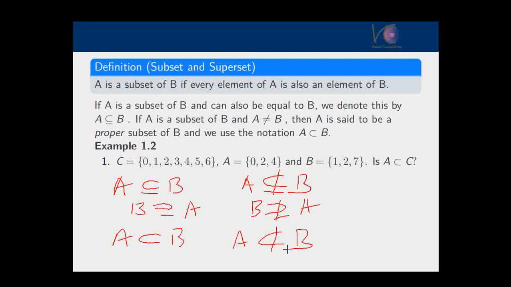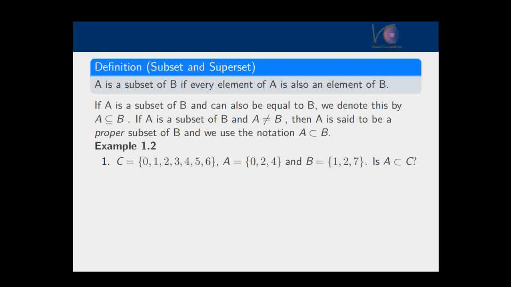So I hope you are following with the pencil and pen. We can look at the examples. Let's look at the example that we have there. You have C is equal to that set, A is equal to that set. We also have B is equal to that set.